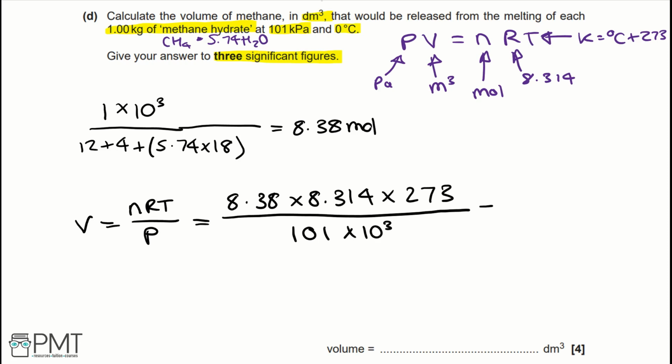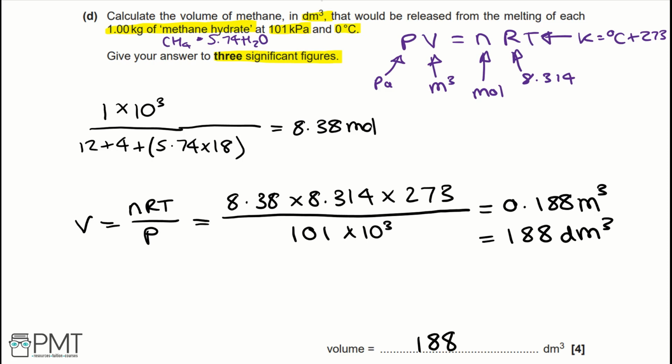And that gives us the volume in meters cubed at 0.188 meters cubed. But we want it in decimeters cubed, so converting this, we get 188 decimeters cubed. And that is our answer for part D.